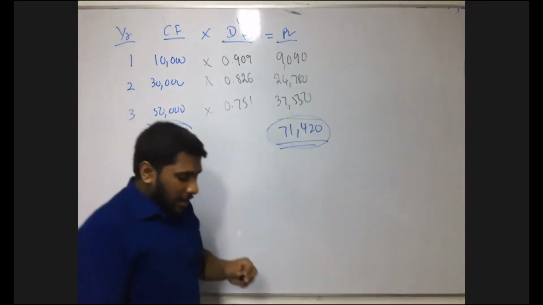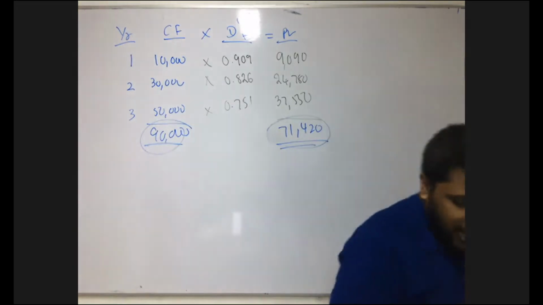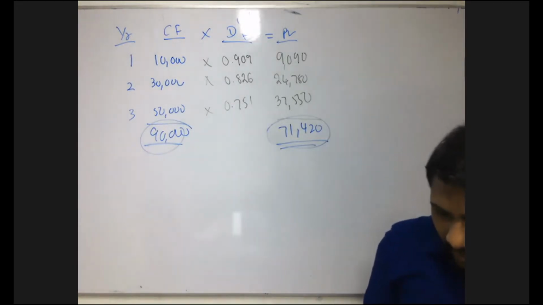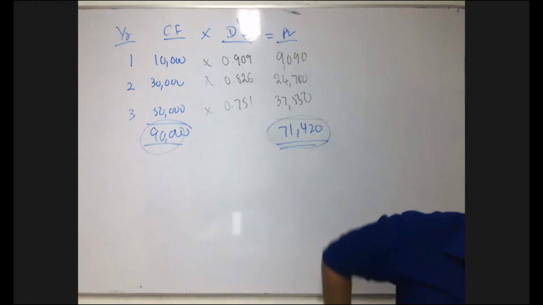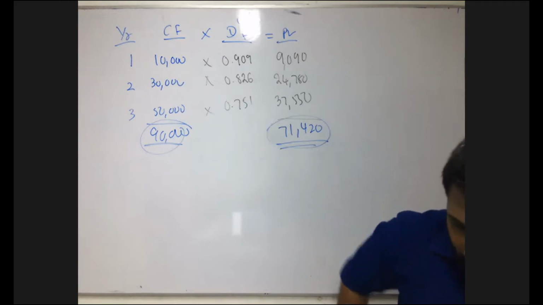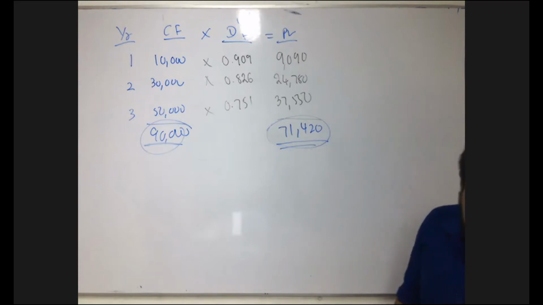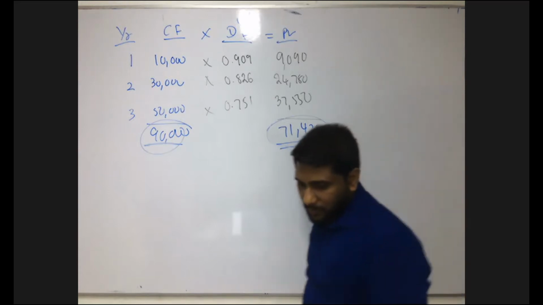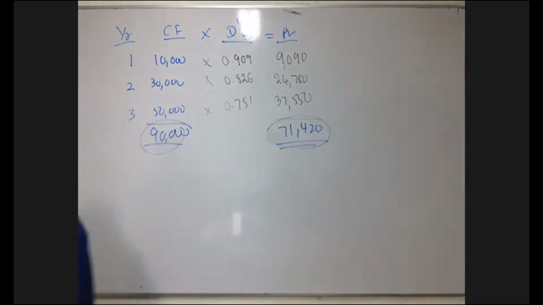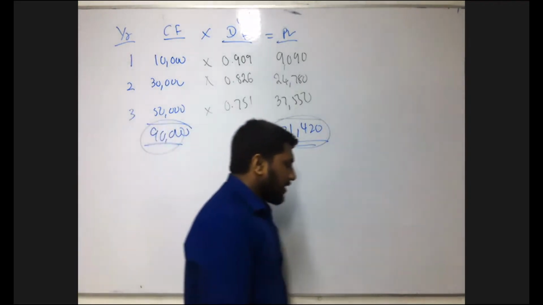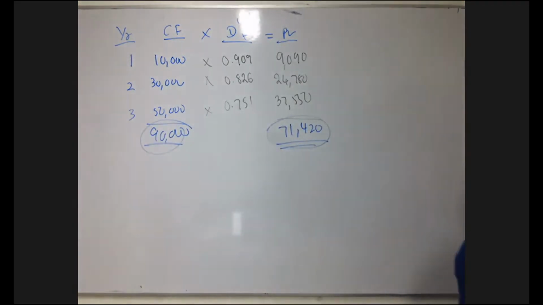Okay. To get a better understanding of this, guys, can you write down this question? Mr. A expects to get the following cash flows for the next 3 years. Year 1, 20,000.